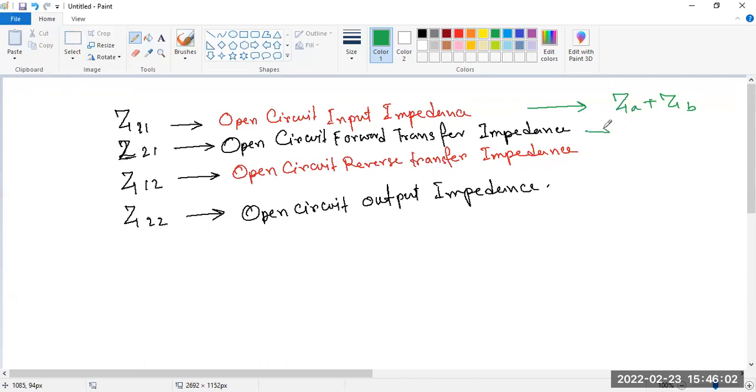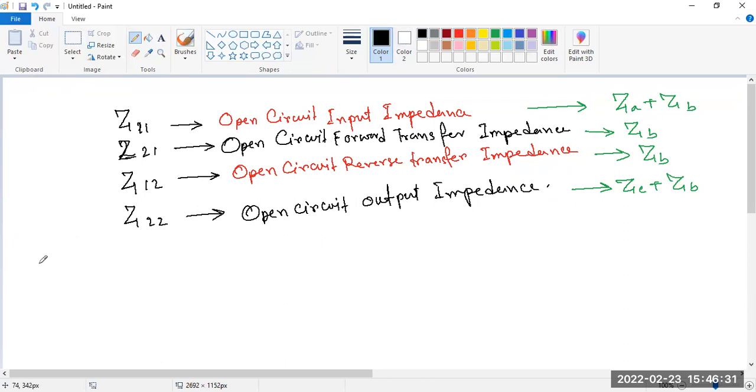Z21 is ZB. What is Z12? Z12 is also ZB. And Z22 is ZC plus ZB. ZC plus ZB. So just remember the Z22.